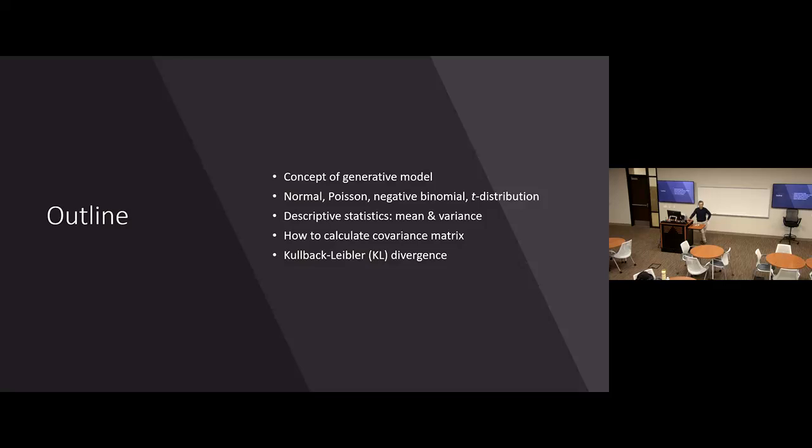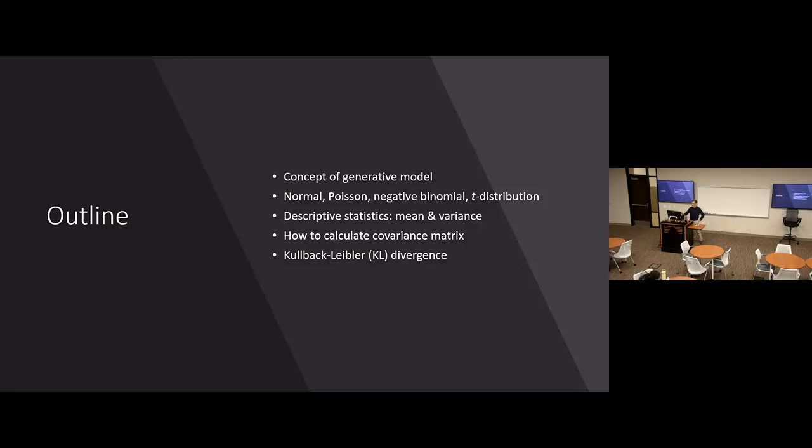There are zeros, 1, 2, 3. Like the normal distribution, we expect to have a continuous variable to model. Well, for these counts, these integers, we use the Poisson distribution and negative binomial. So I will mention those.